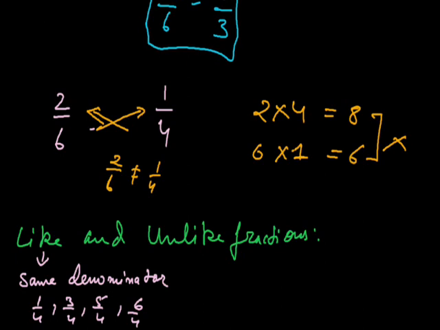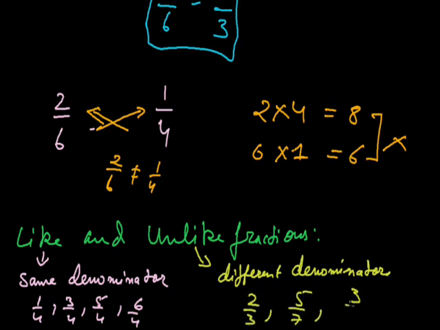And unlike fractions are those whose denominators are different. That is, if we have 2 by 3, 5 by 7, 3 by 8 and so on, you can see that the denominators are not the same. Therefore these fractions are unlike fractions.